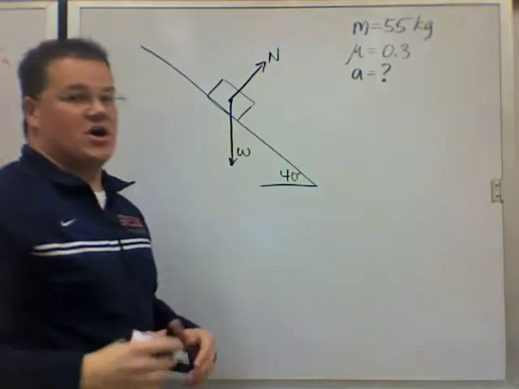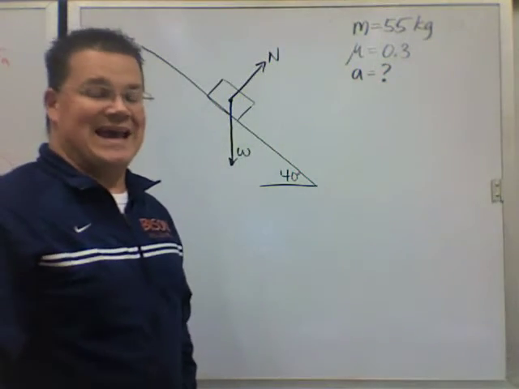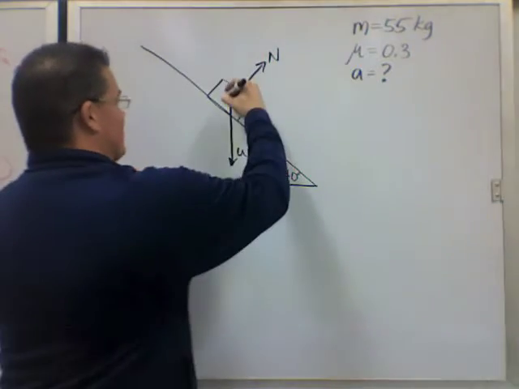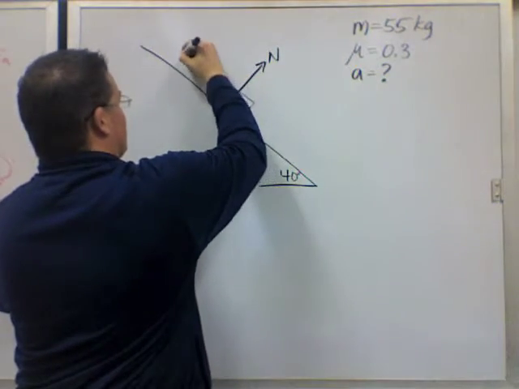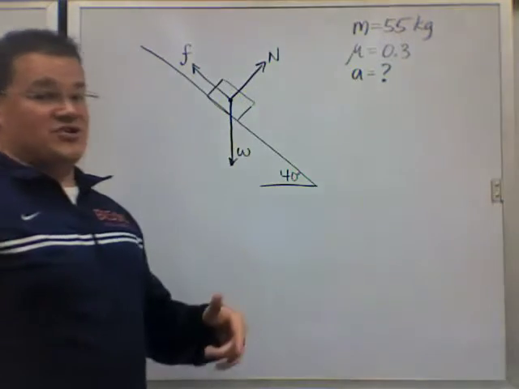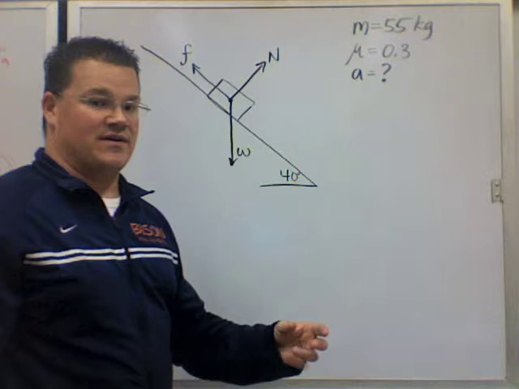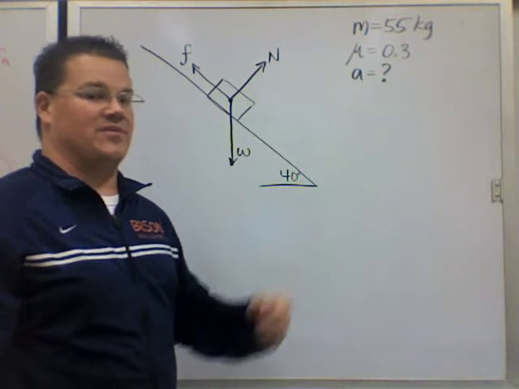The normal force is always perpendicular to the surface. And lastly, because there is a coefficient of friction in the problem, I know that I have friction. Friction goes in the direction opposite of the way the motion would go. This object wants to go down the hill, therefore friction must be going up the hill.